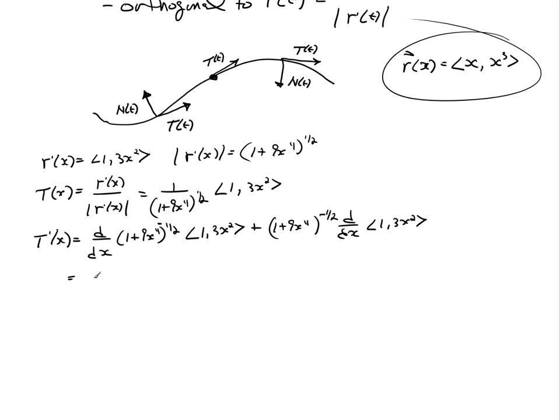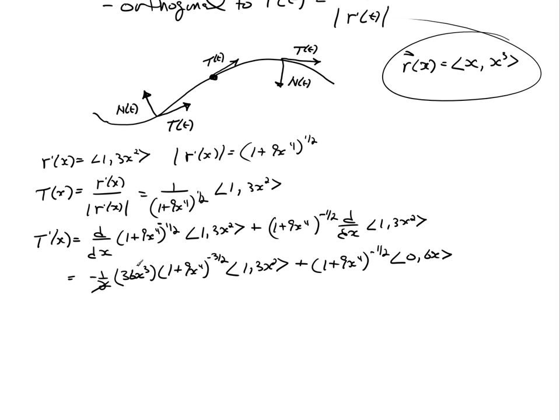So this is going to be negative 1/2 times the derivative of the inside, 36x cubed, times (1 plus 9x to the 4th) to the negative 3/2. And I need to multiply by this vector. Plus, this is going to stay (1 plus 9x to the 4th) to the negative 1/2 times the derivative of this vector, which will be 0, 6x.